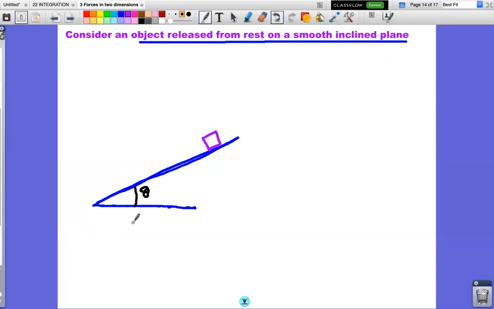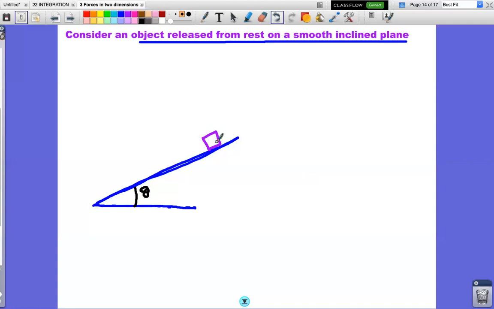And you will be asked questions such as, if it is placed here at rest, how much time does it take to move down to the bottom, for instance? If it's placed here at rest, how far does it travel after 2 seconds, for instance? So you have to use Newton's second law and the SUVAT equations in this case.